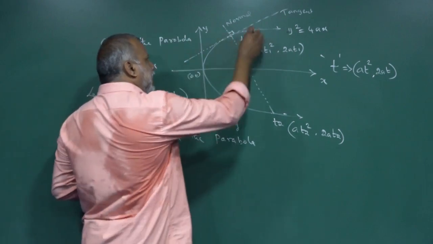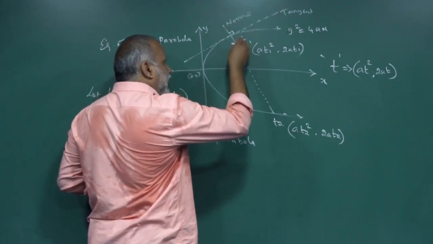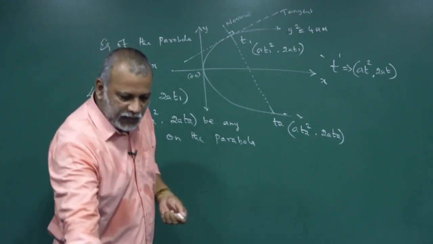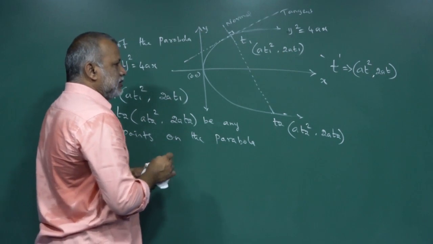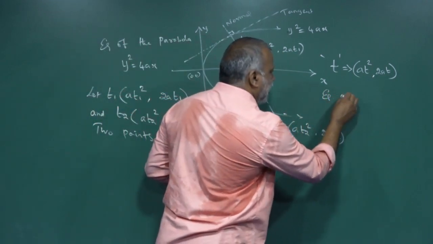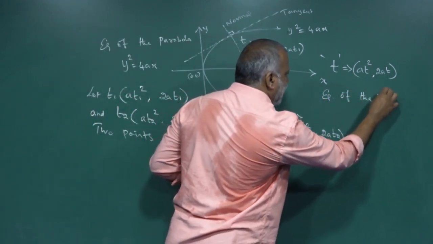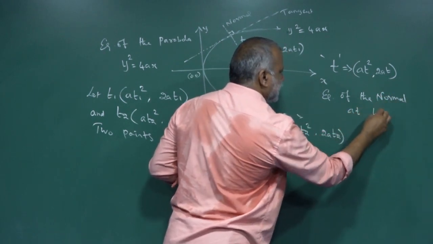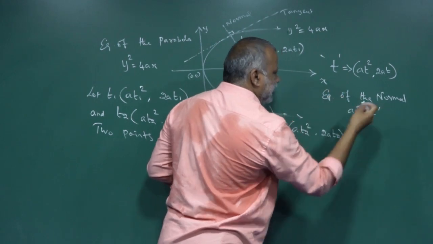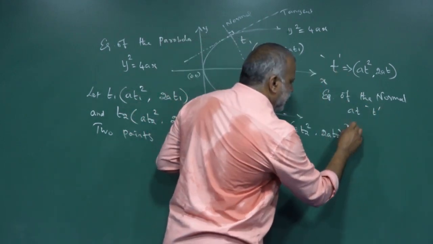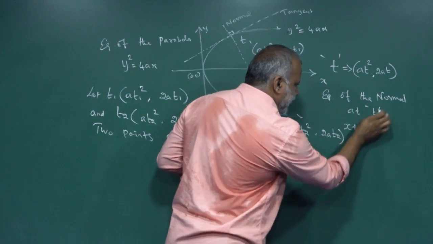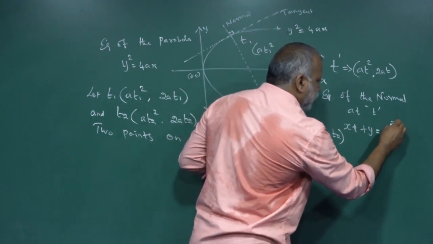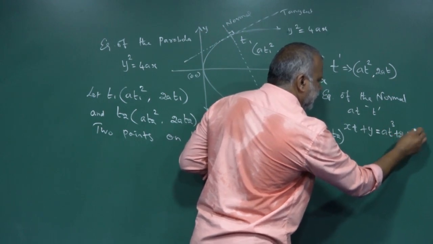Now we require the equation of the normal at t1. Already we have the general equation. See, equation of the normal at t: this is the general information we already worked. xt plus y equal to at cube plus 2at.